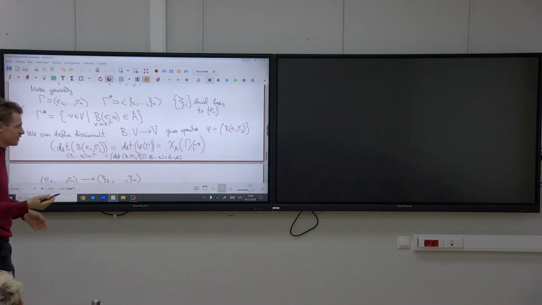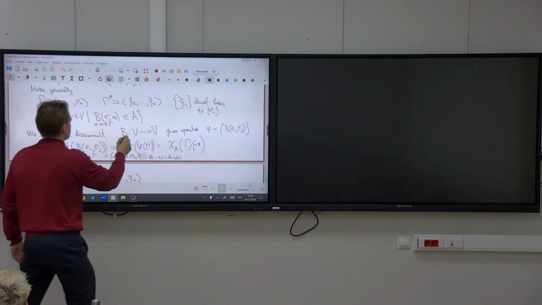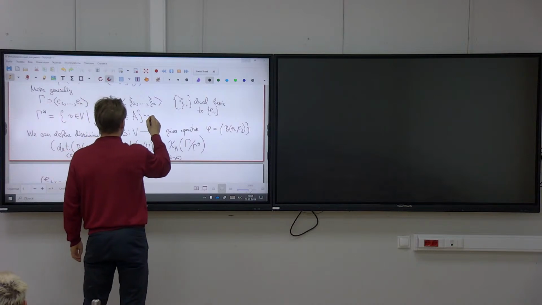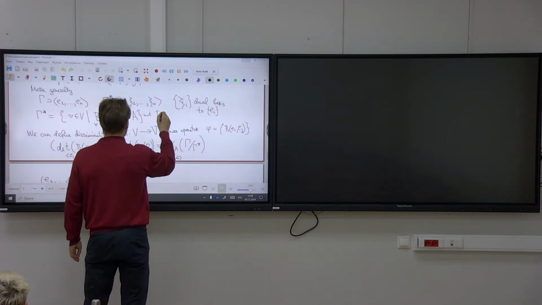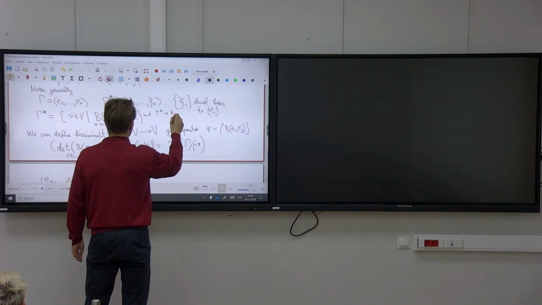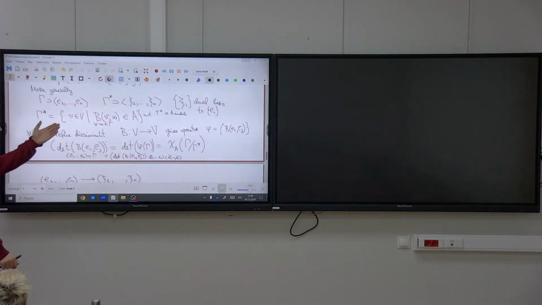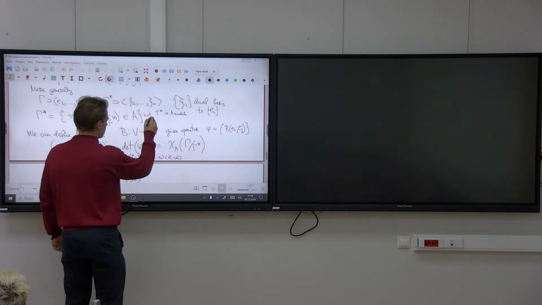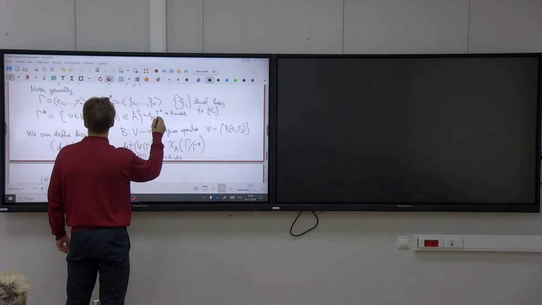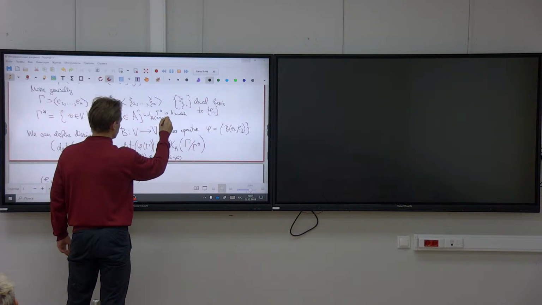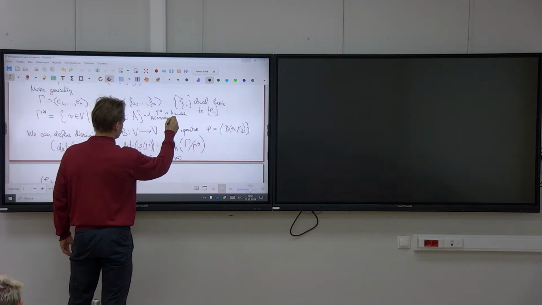Note that gamma star is a module, first of all, because you can multiply by A, so you have multiplicativity.